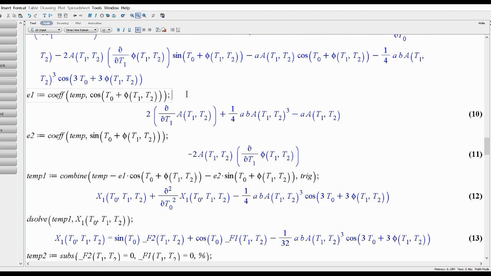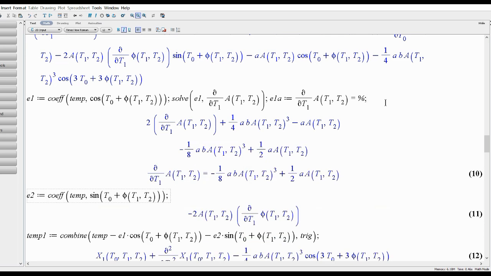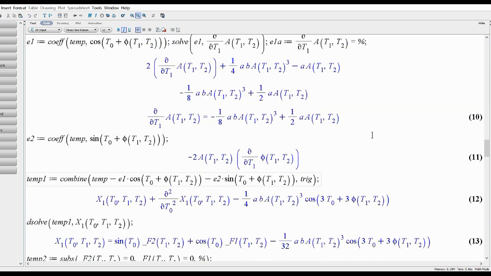And then I will say solve E1 for this quantity here, just this much, and I will say E1A is equal to control V equals the previous. So I've solved for that also, and then I can come back here and everything is all right.